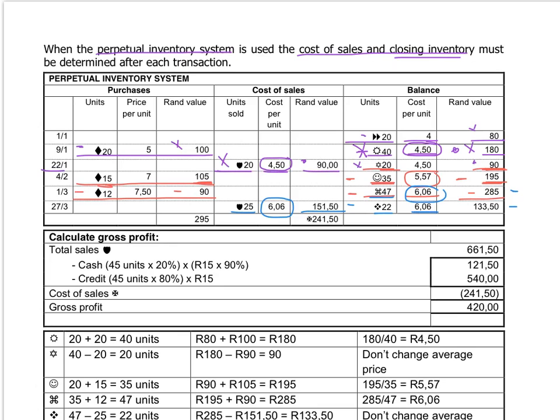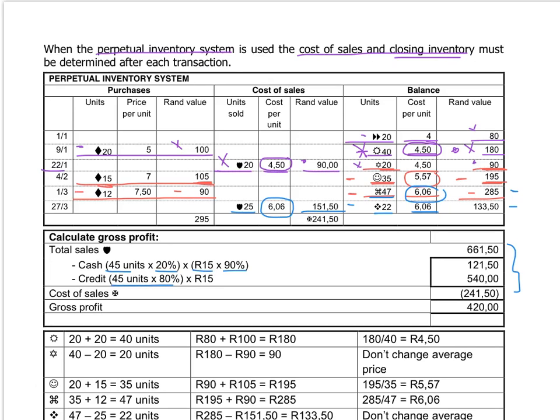If we want to calculate the gross profit, we will do exactly the same calculation for the sales price. So it's 45 units, of which 20% was sold for cash, and on the cash units, we will give 10% discount, so they will only pay 90% of the normal R15 sales price. Credit sales of the 45 units, 80% were sold on credit.